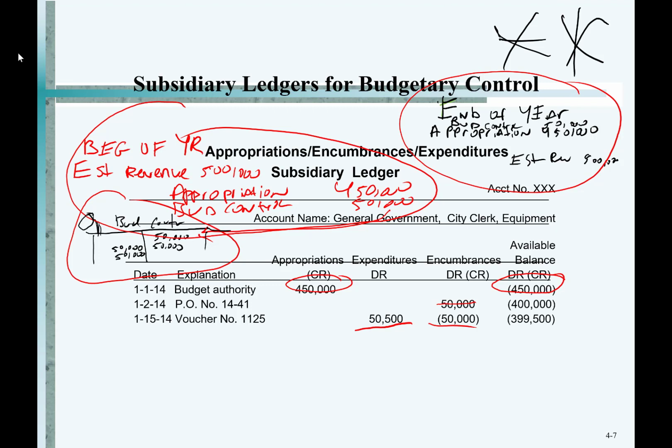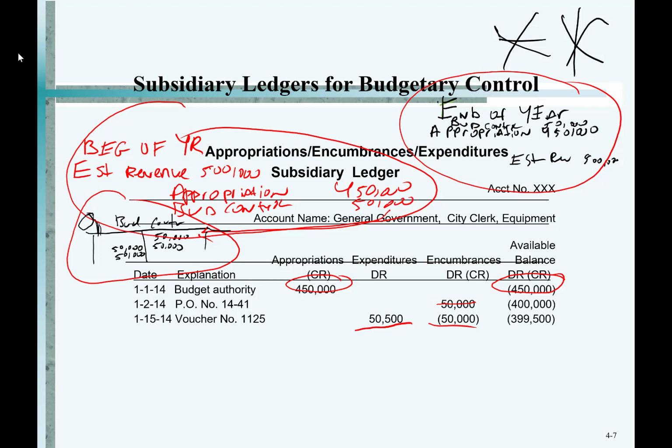I debit the appropriation for 450,000. I credit the estimated revenues for 500,000. Those are all closed, and since I'm reversing it, of course, I'm going to debit budgetary control, right? Because I reversed the beginning of the year. Beginning of the year, I credited it. End of the year, I debited it.